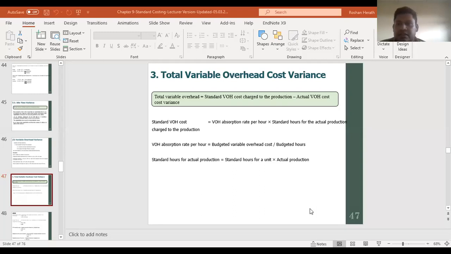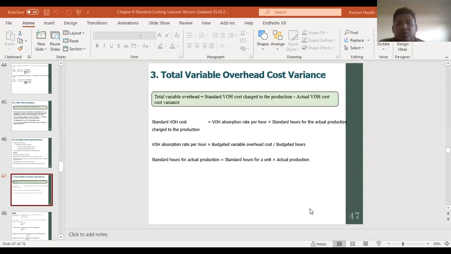As you have witnessed, we have discussed the first two variances, in the sense the material related variances as well as the labor related variances. So today we are going to start from the overhead variances, the variable overhead variances and the fixed overhead variances.